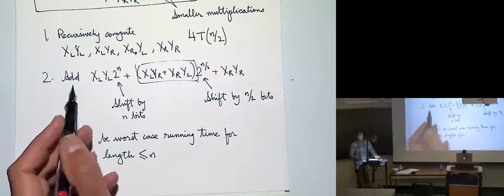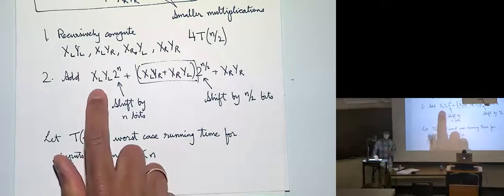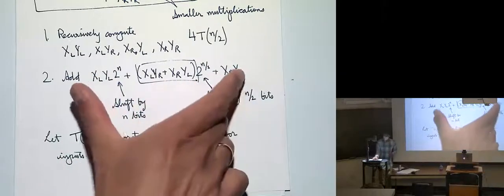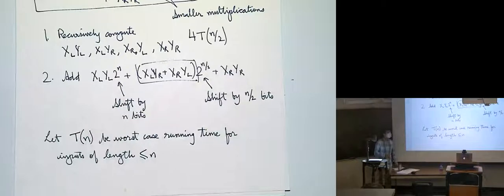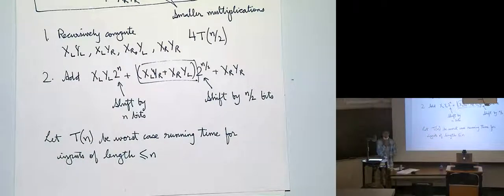Okay. How long for step 2? Somebody else? How long does it take to do step 2? So you have found XLYL, XLYR, XRYL, XRYR. How many bits are there in XLYL, roughly? How long is that output?